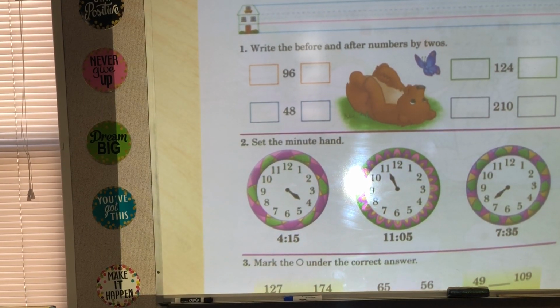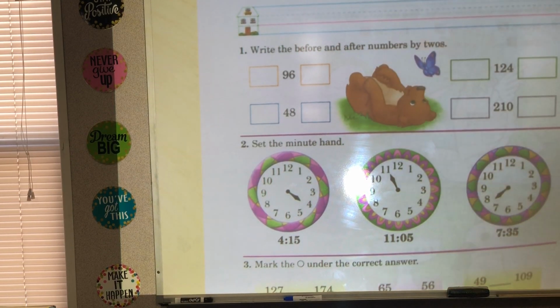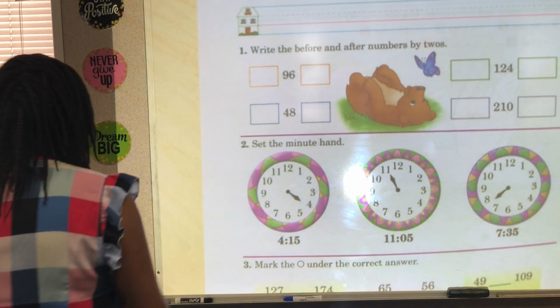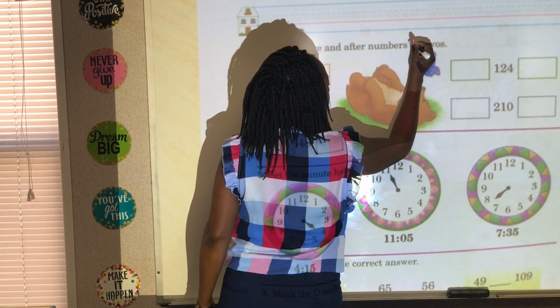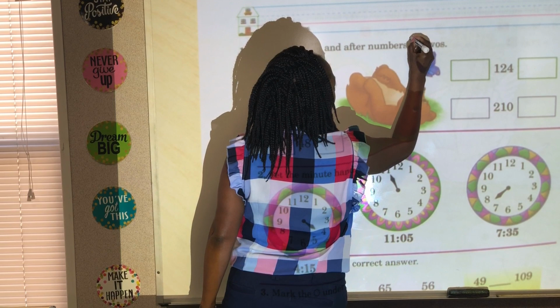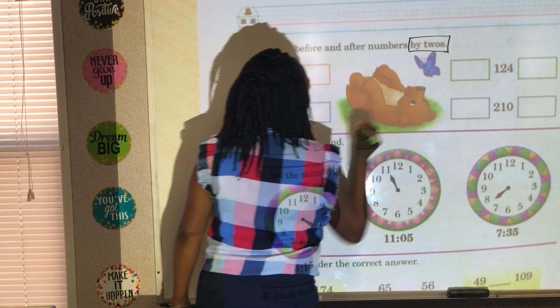Section 1 says write the before and after number by twos. You have a number 96. You have to write the number by twos. So I like for you guys to box the words by two so you can remember that's what you're doing.